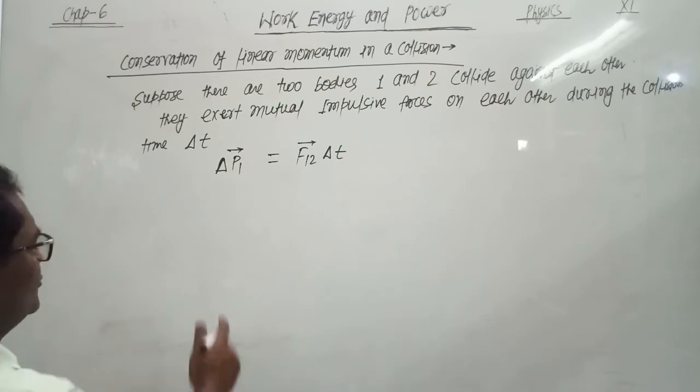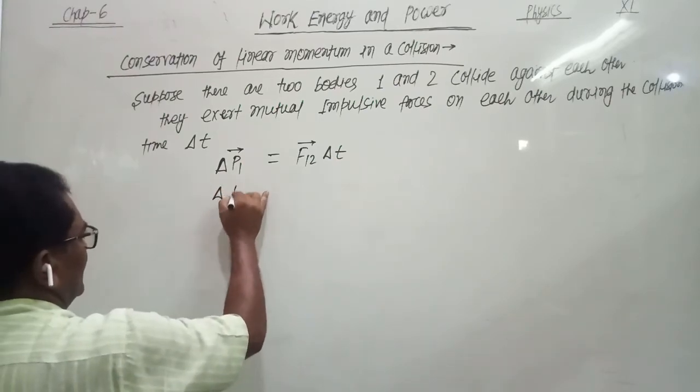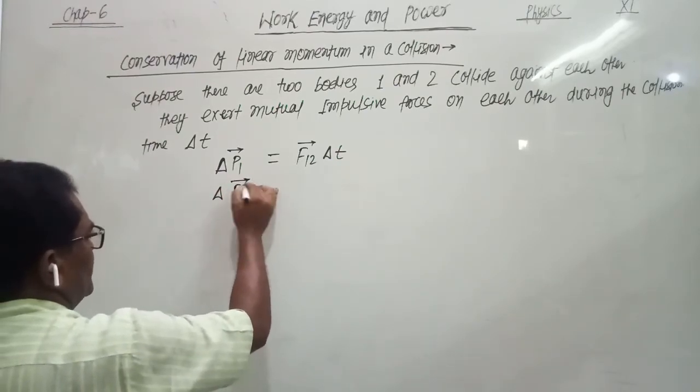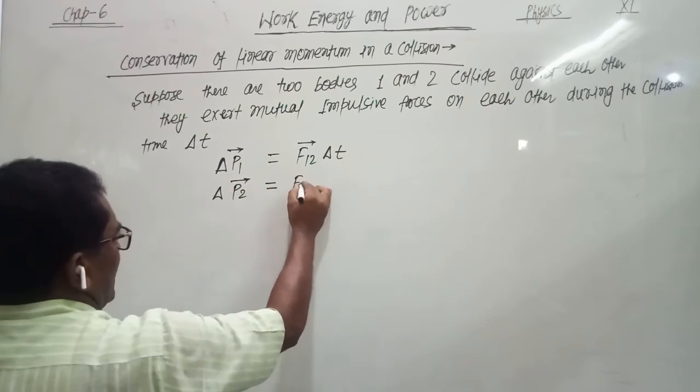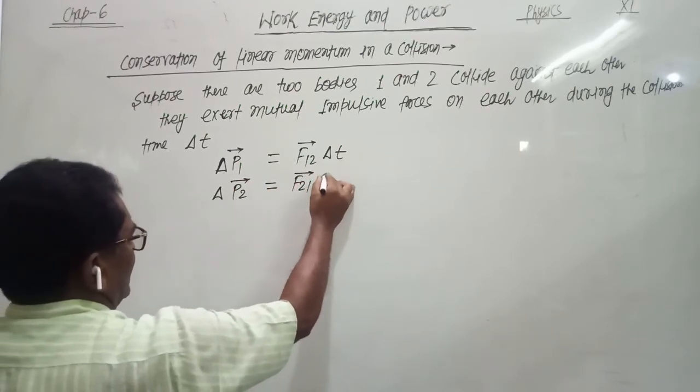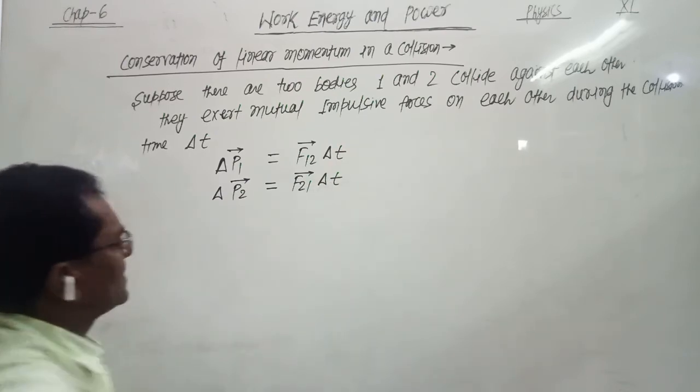Similarly, the change in linear momentum of body 2, delta p2, equals F21 into delta t.